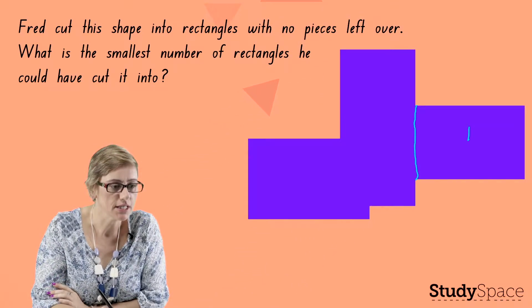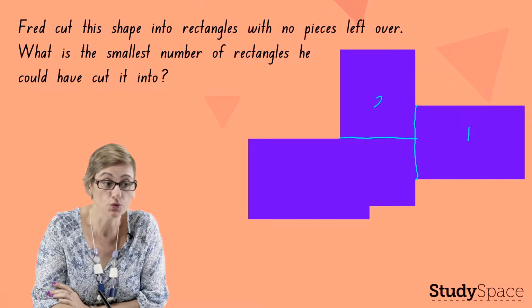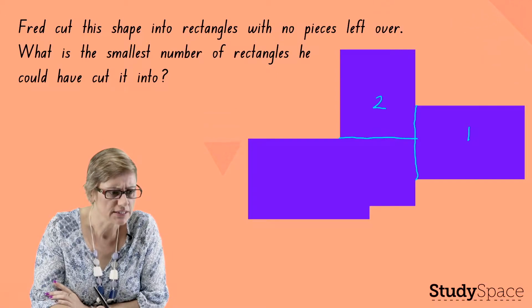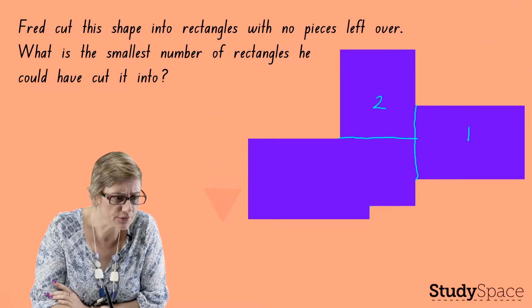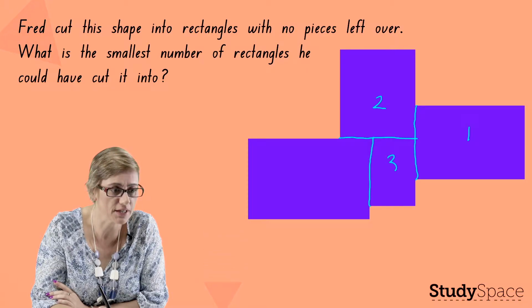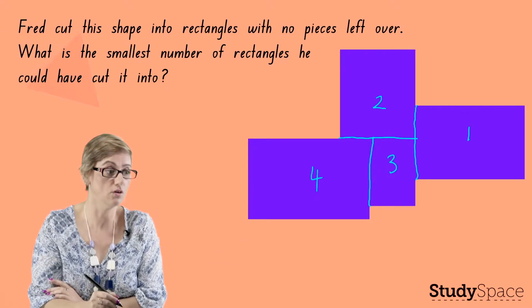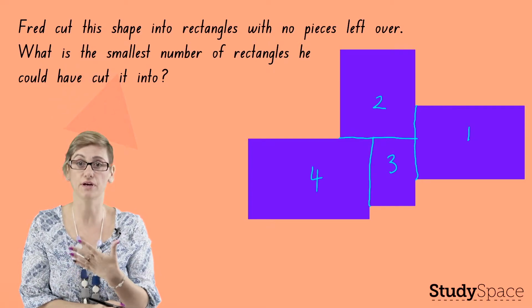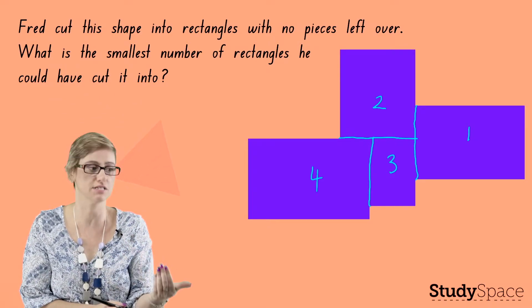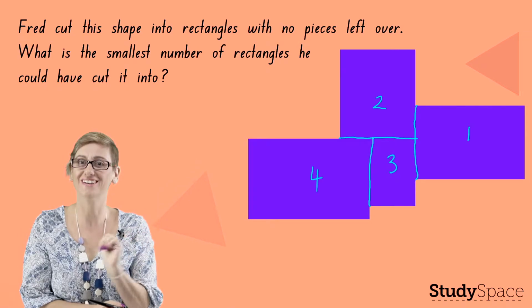Then we'll do this one here, which is 2. Oh, I think we've got another one here, boys and girls. So we'll go straight up there. That gives us 3 and 4. So the smallest number of rectangles that Fred could cut out of this shape is 4.